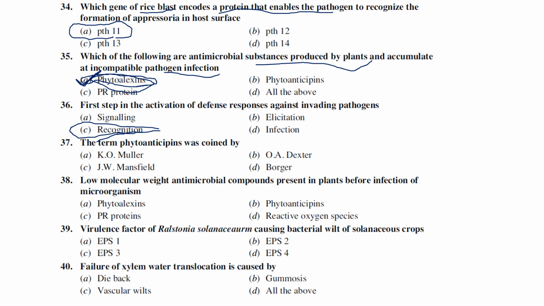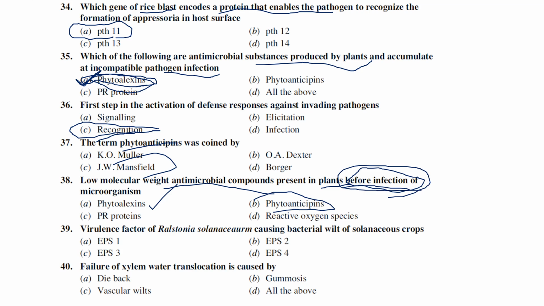Generally the term phytoanticipins was given by Mansfield: low molecular weight antimicrobial compounds which are present in plants before infection by microorganisms. Phytoalexins are generally produced after infection, but the substances produced before infection are phytoanticipins.